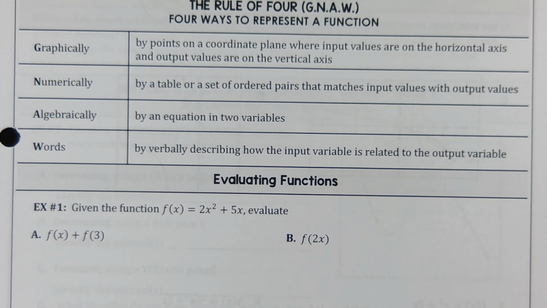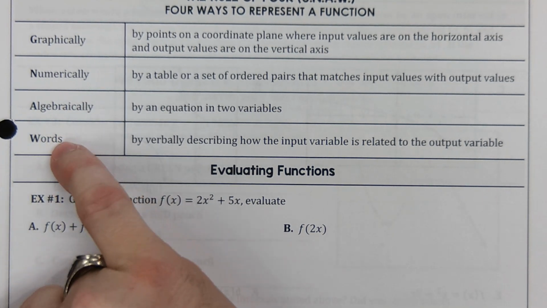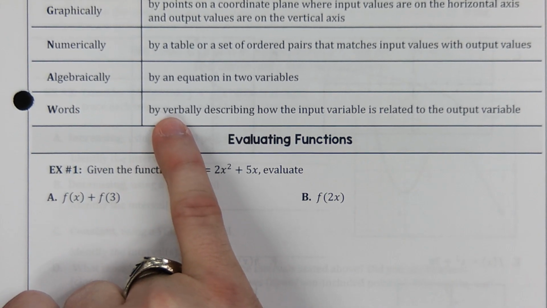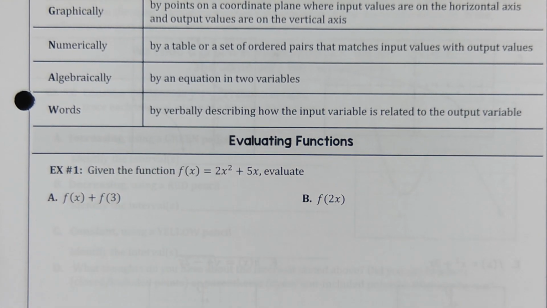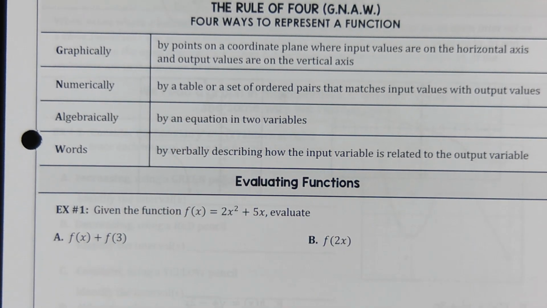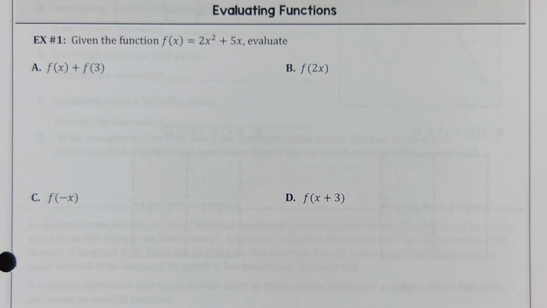Your y equals mx plus b, or your ax squared plus bx plus c. That's going to be your algebraic representation. And then words: you could verbally describe it, and you could say that x varies directly as the square of something. So that would be verbally. We're going to focus on the first 3, not so much the last one, so don't stress out about the words.